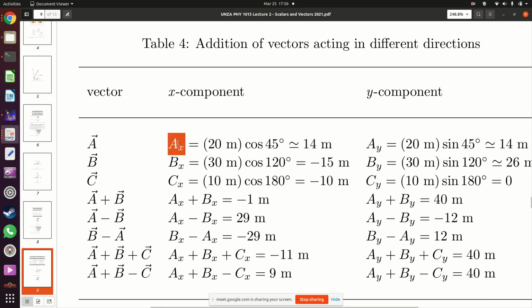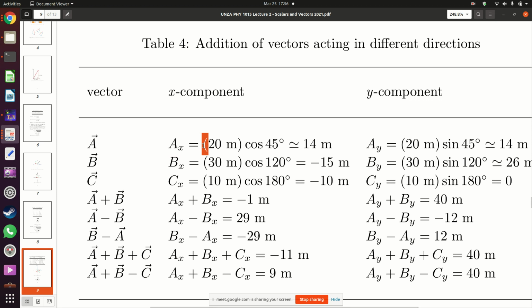So AX is the x component of vector A. Or in other words, we are saying how much is vector A along the x-axis. For us to get that, we know that the x component is A cos theta.